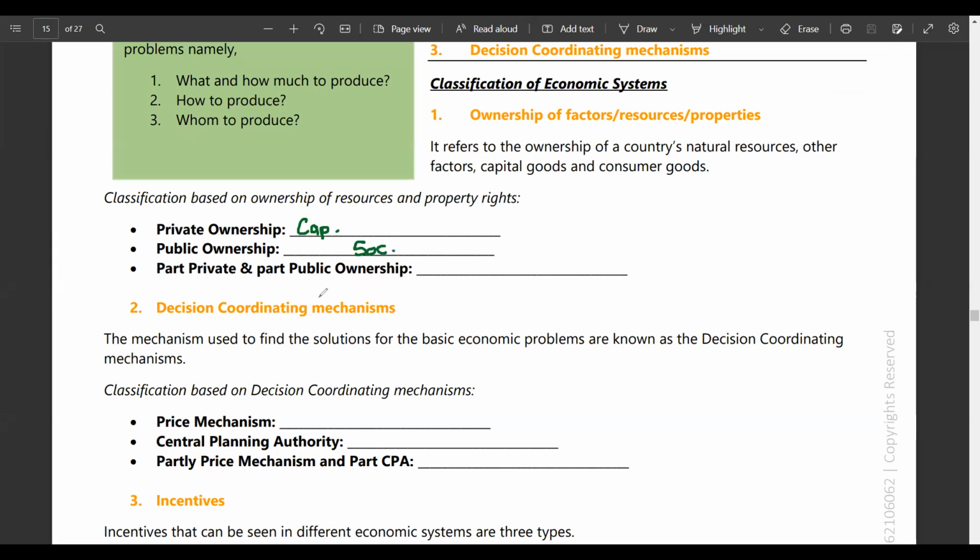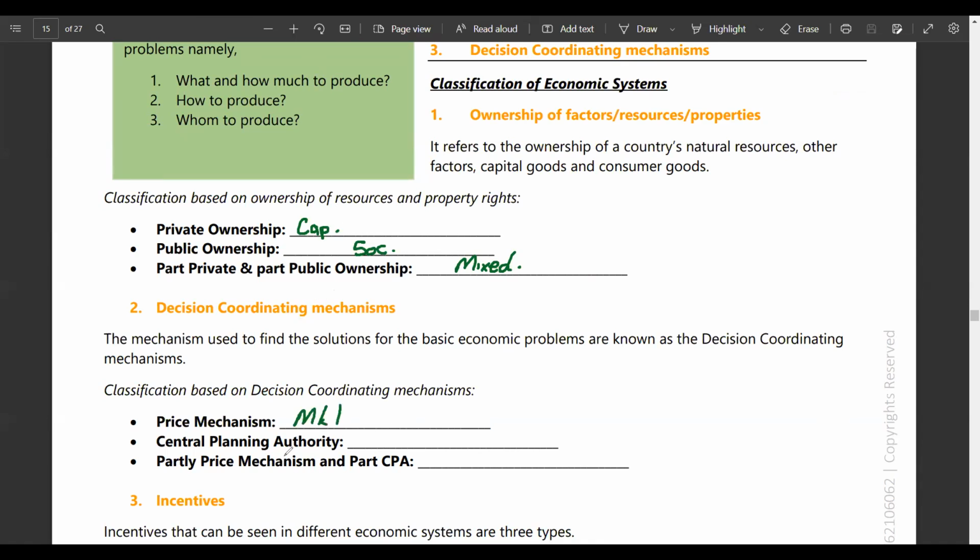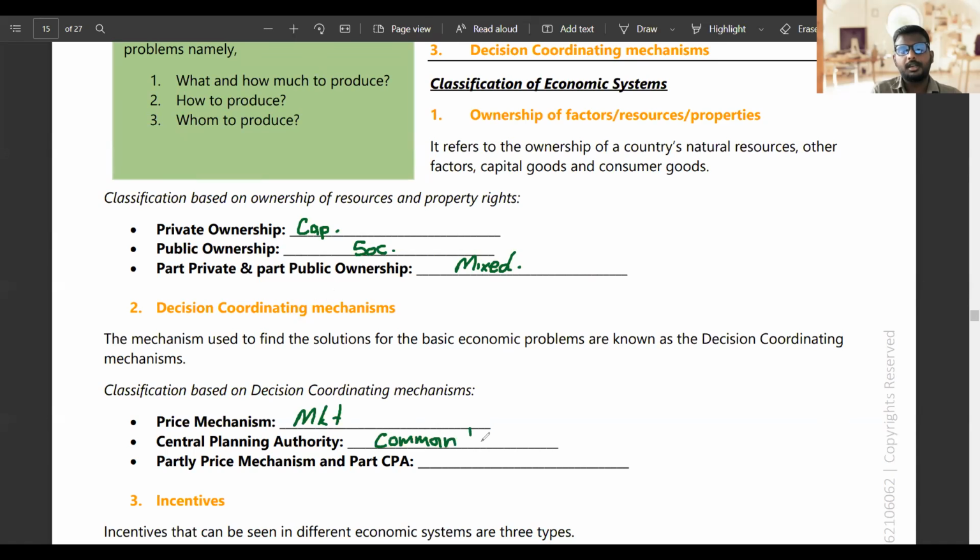Part private and part public ownership means? Mixed. Then under decision coordinating mechanism, if decisions are made using price mechanism, what is that economic system called? Market. If central planning authority makes the decision, command economic system. If part price mechanism, part central planning authority, mixed economic system.